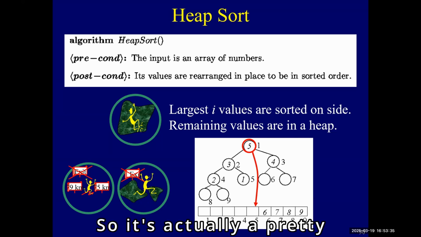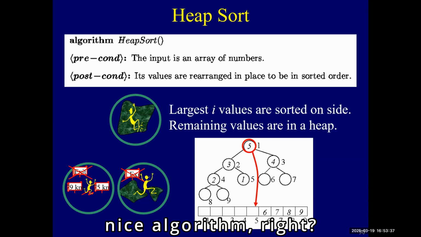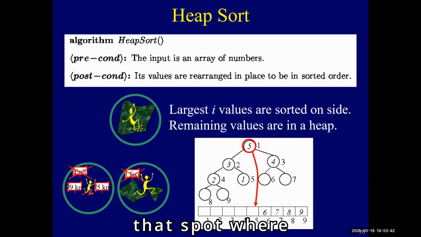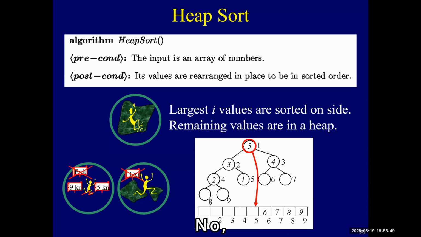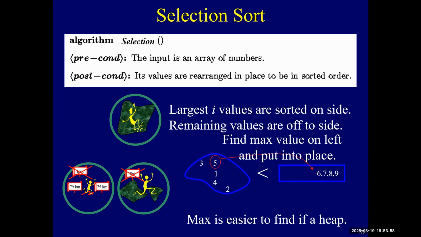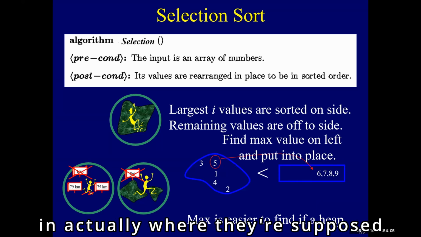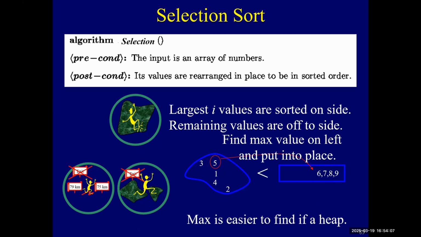So it's actually a pretty nice algorithm. Right? Yeah. Does it go to that spot, or can it also be inserted somewhere in the middle? No, it always goes there. Why does it always go there? It's because of our loop invariant. Let's restate our loop invariant, because I might have gotten it wrong. The loop invariant is these guys are sorted and actually where they're supposed to be in the array.